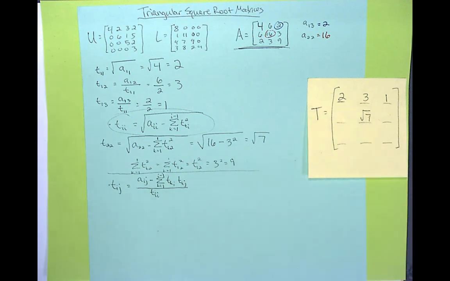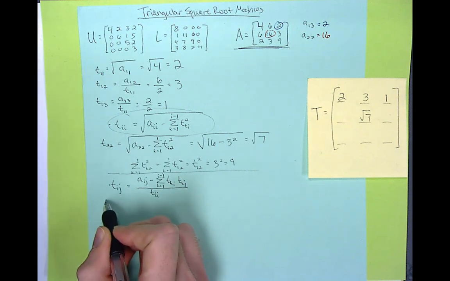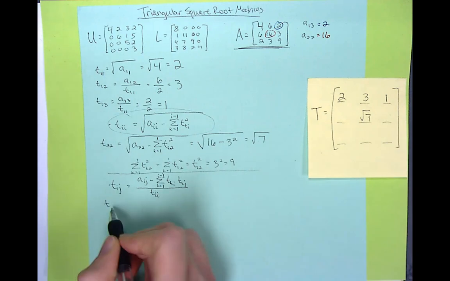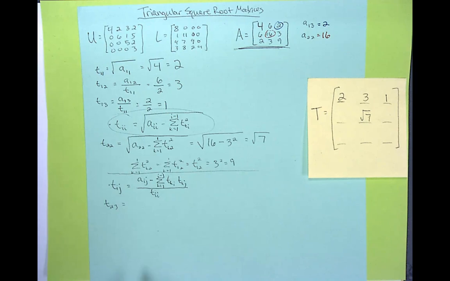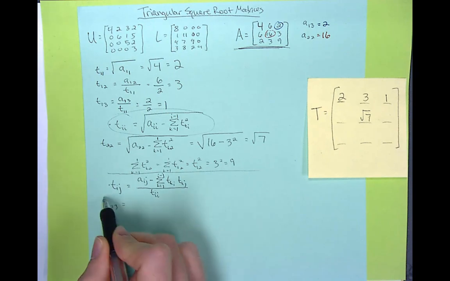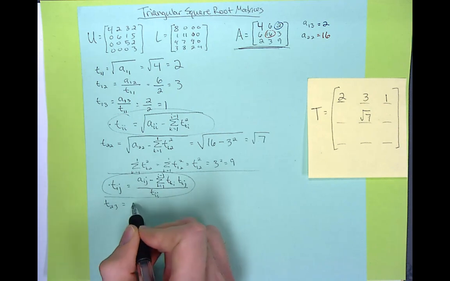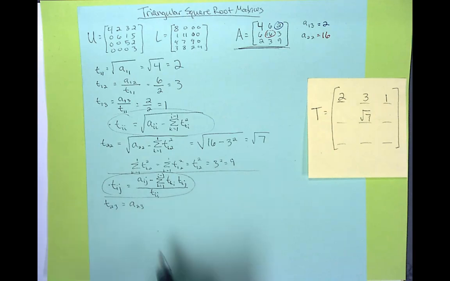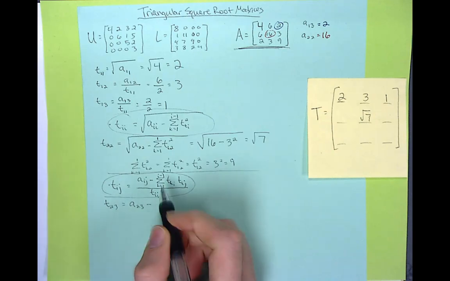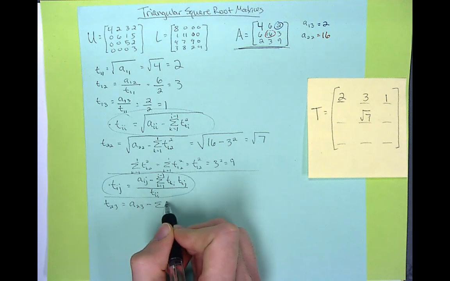Let's do an example. So we have T, we need to get this one, so T sub 2,3 is going to equal, let's just plug in values. So this is our formula. So we have A sub 2,3 minus, we've got summation of T sub k, what's I?